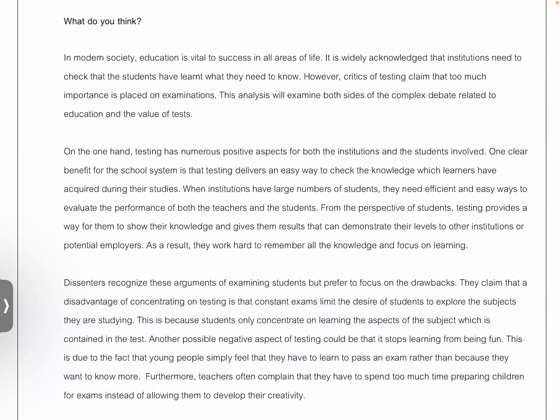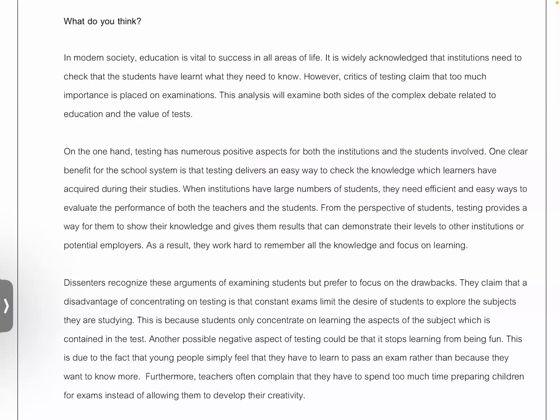So the first 2 points are complaints from the students, right? Okay, they say that as students, testing stops them from wanting to know more about the subject, and testing stops learning from being fun. Okay, but the last negative aspect of testing is that it doesn't allow teachers to teach the young people to develop creativity.